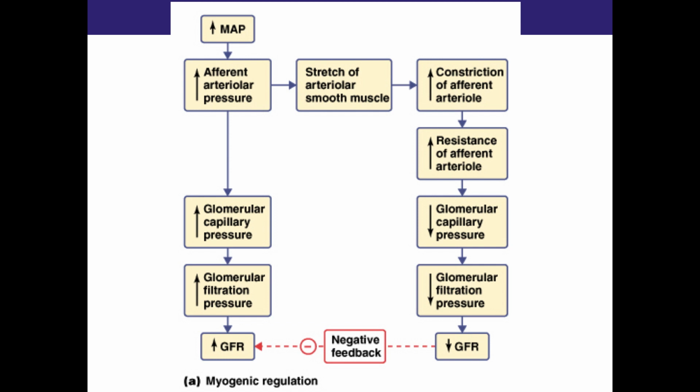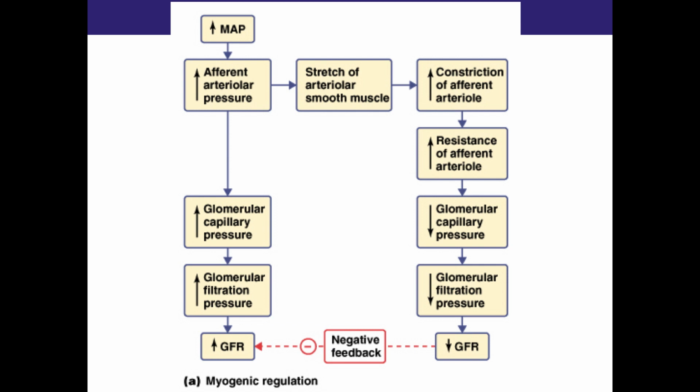A surge of high blood pressure, stretch of the afferent arterioles, and a compensatory constriction to make sure glomerular filtration rate stays the same. Myo means muscle. It's referring to the smooth muscle around the afferent arteriole. Genic means origin. So the origin of this intrinsic mechanism is in the smooth muscle cell itself. That's why it's an intrinsic mechanism.